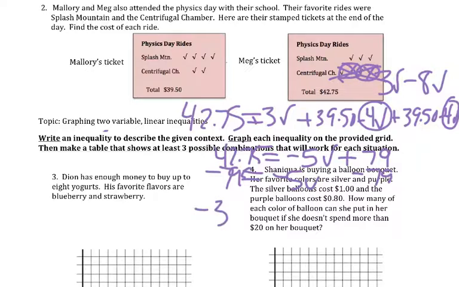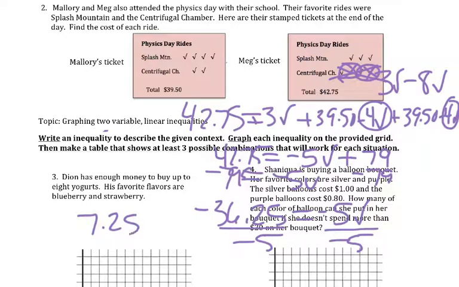And we get -36.25 equals -5 Splash Mountains, divided by -5. And we get 7.25. Okay, so Splash Mountains each cost $7.25.